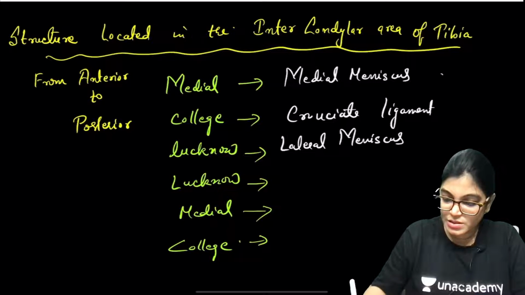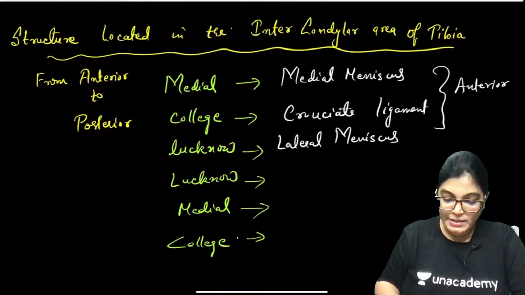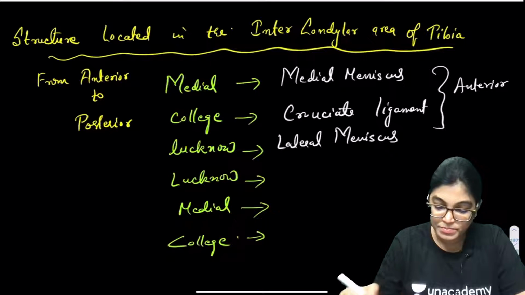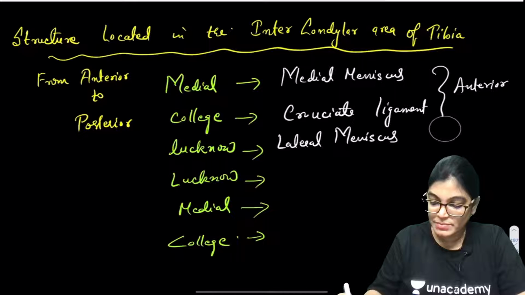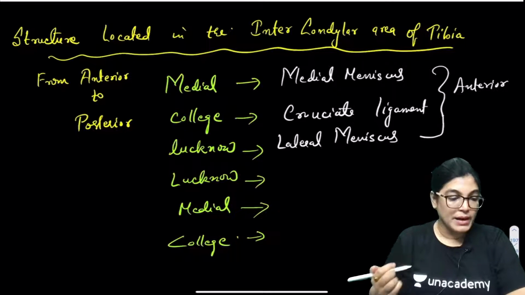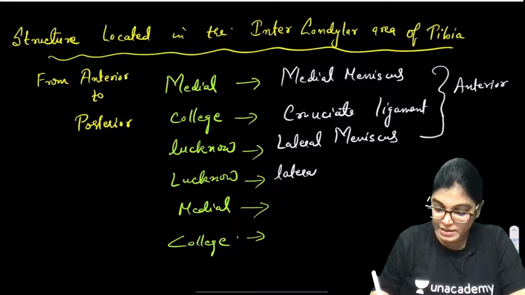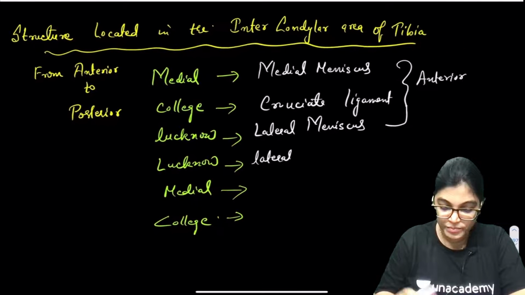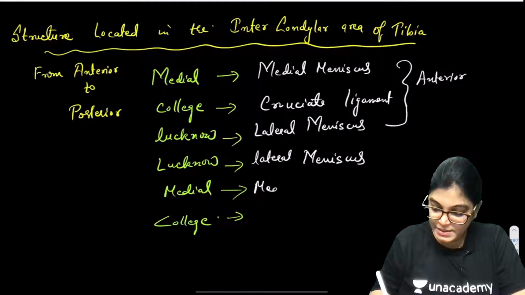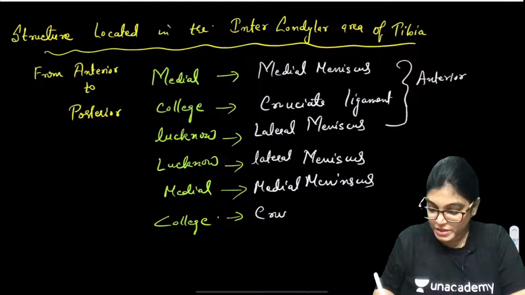Now these 3 structures are which part? Anterior part. That means anterior horn of medial meniscus, anterior cruciate ligament, and anterior horn of the lateral meniscus. Then we move on to the other L, lateral meniscus, then M for medial meniscus, and again C for cruciate ligament.